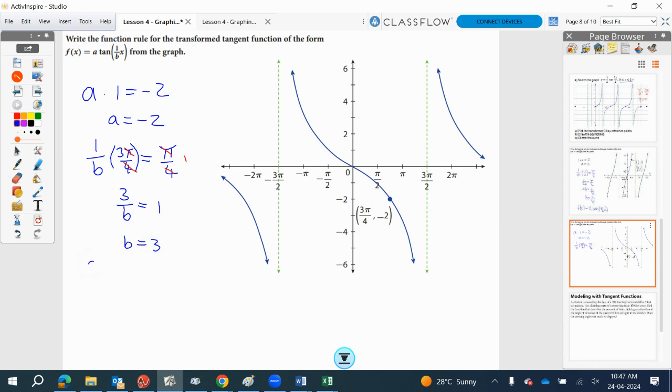Our function f of x is equal to minus 2 tan x over 3. This is the function.